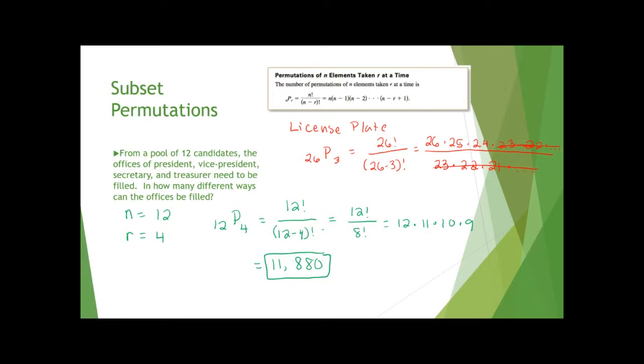The way it works on my calculator, I have 12 first, then I hit PRB, and then the nPr button, and then I hit 4. So where the P is, that's where I hit my button. And that gives me 11,880. Otherwise, if you don't have a calculator, you can figure it out this way like I just did, where I took the factorials, canceled things out, and then you could do the 12 times 11 times 10 times 9.